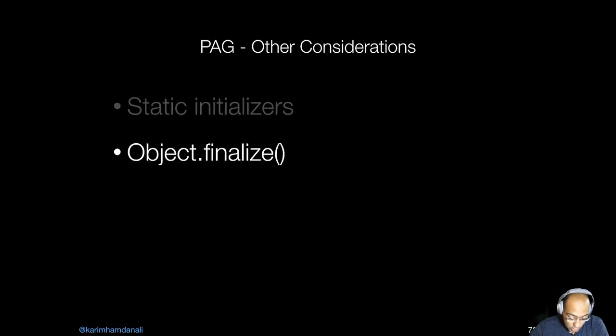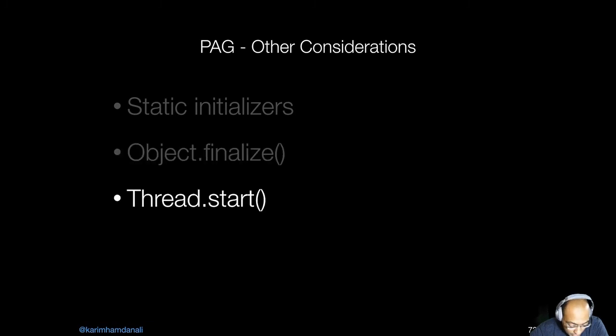Other considerations that we need to consider in the pointer assignment graph are static initializers, because in a language like Java, static initializers are called basically once at the first access of a certain class. Object.finalize is a method that is called implicitly by the Java runtime on certain fields based on the specification of the Java runtime.